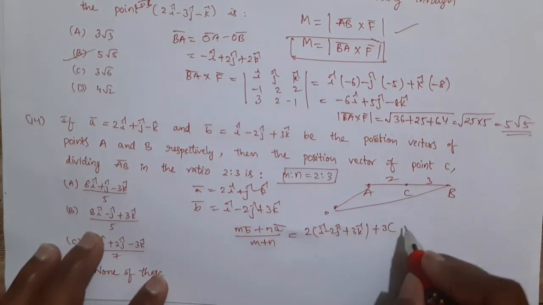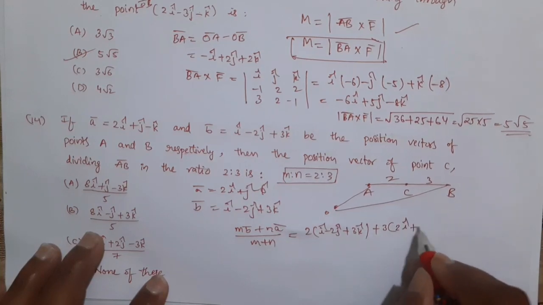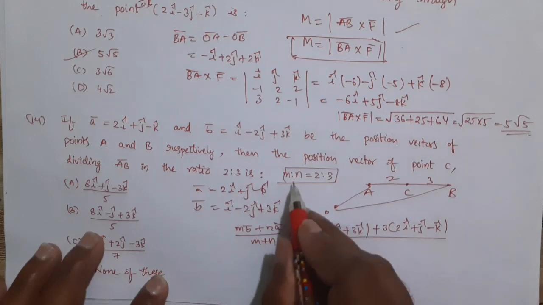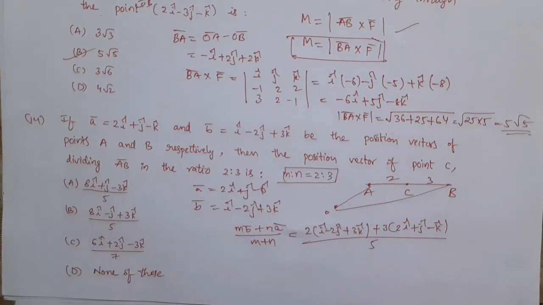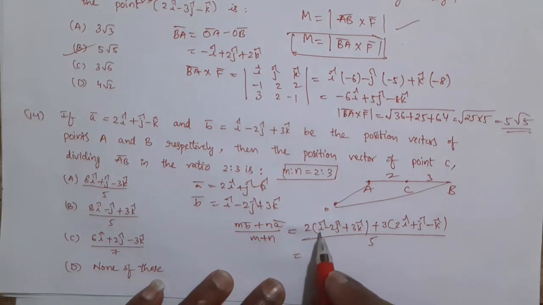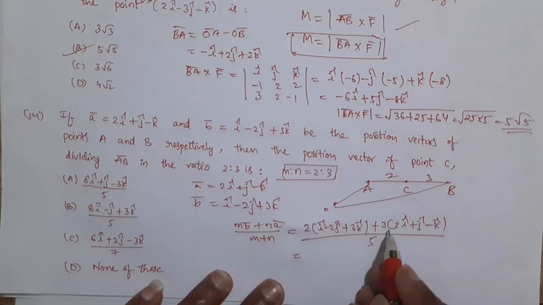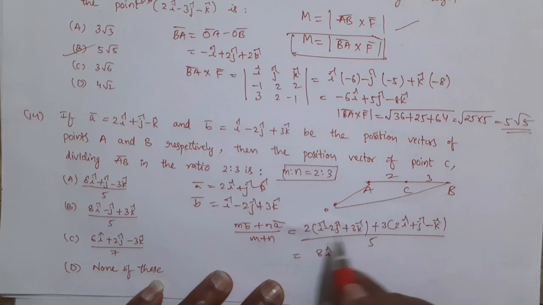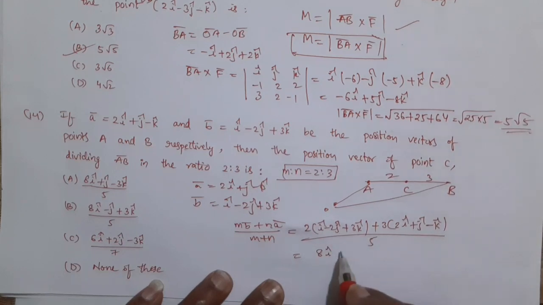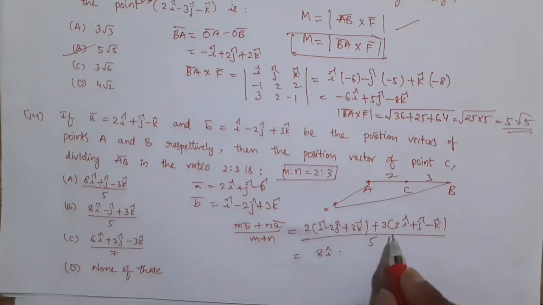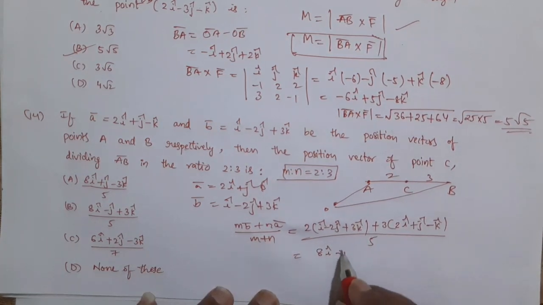which is 2 I cap plus J cap minus K cap, divided by M plus N. 2 plus 3 is equal to 5. Simplify this. 2 into 1 is 2, 2 plus 6 is 8 I cap. 2 into minus 2 is minus 4, plus 3 into 1, minus 4 plus 3, which is minus J cap.